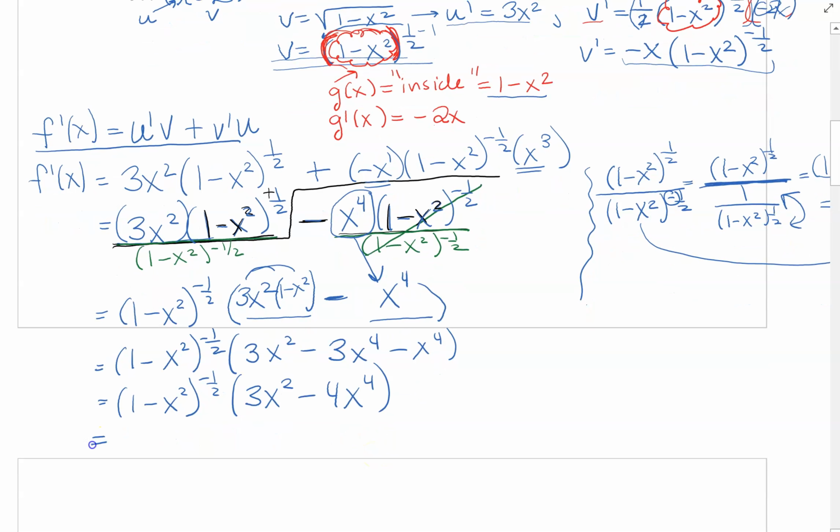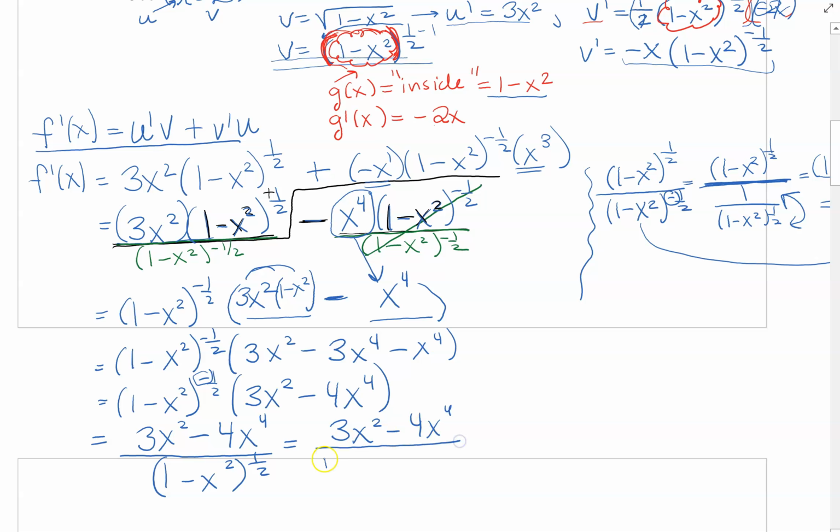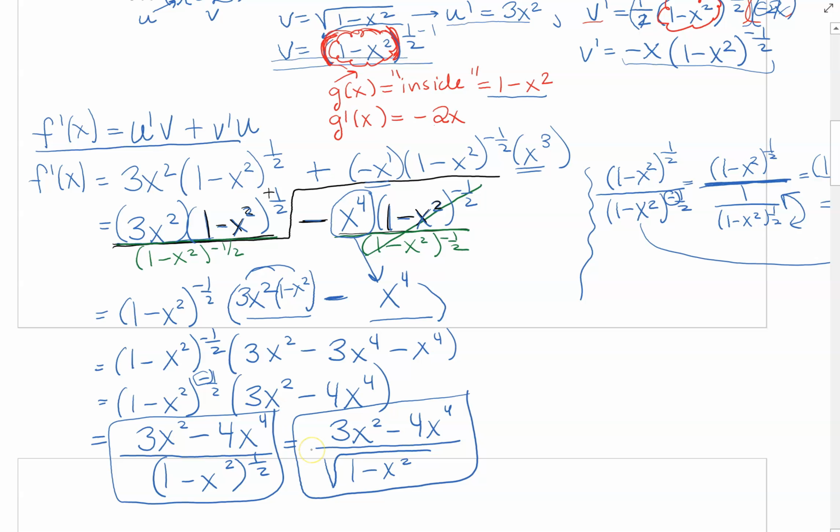And then lastly, I just bring the thing with the negative power down to the denominator. So I get 3x squared minus 4x to the 4th all over (1 minus x squared) to the power of 1/2. Or you can think of that as 3x squared minus 4x to the 4th all over the square root of 1 minus x squared. And this or this, either or, would be our final answer in simplest form.